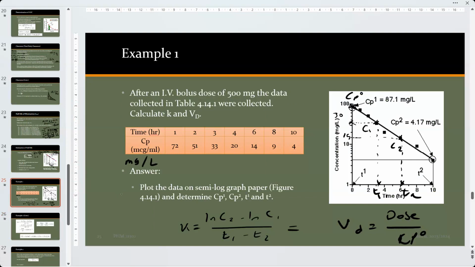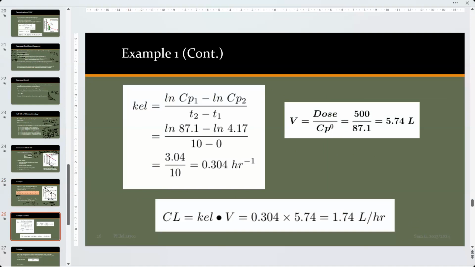So I can assume this is milligram per liter. I use the dose in milligram, and the concentration I assume is milligram per liter, so the volume will be in liter. But I consider it milligram per liter because the dose is in milligrams.